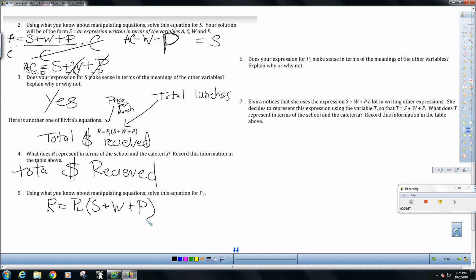What are we solving for? No, I don't think we want to multiply. We're solving for P sub L. What's being done to the P sub L? How do we get rid of multiplication? We divide each side by S plus W plus P. That's 1. That's gone.